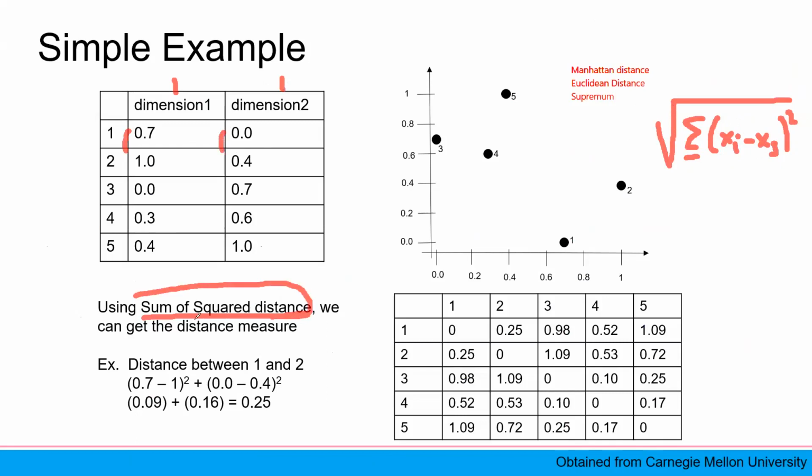But for sum of squared distance, you just do the summation without the square root. So we just eliminate the square root.